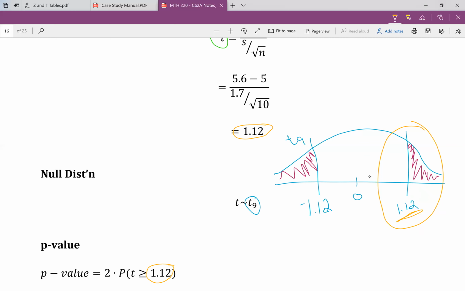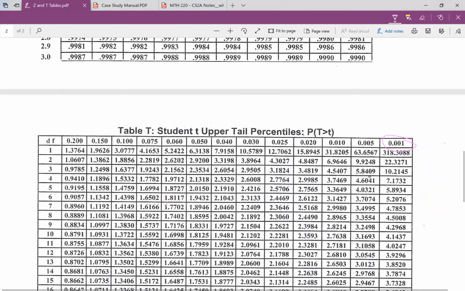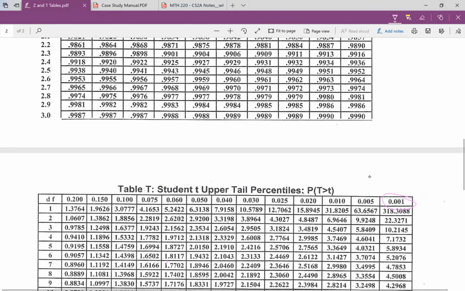All right, so what I have circled over here in my picture, that's what I'm going to look up in my chart. So degrees of freedom is 9, and I'm looking for 1.12. It falls right between here.